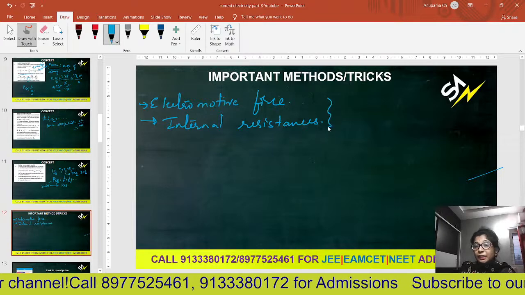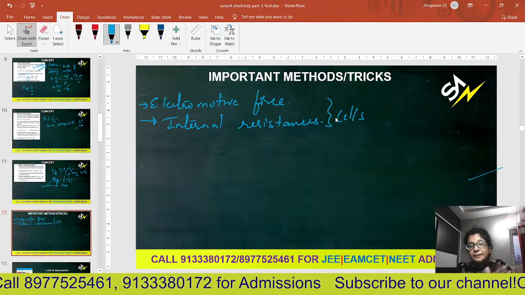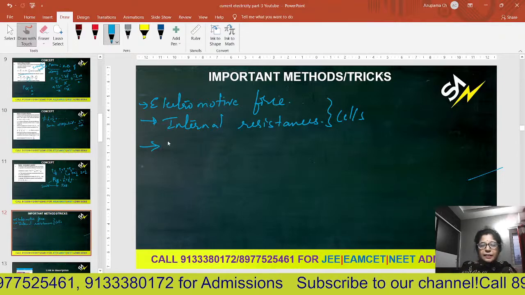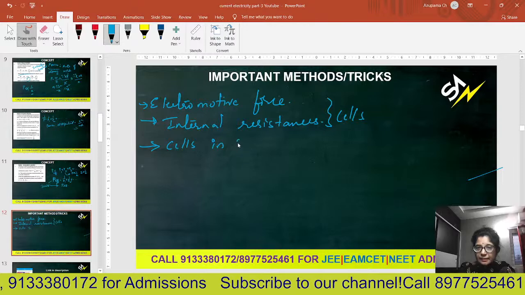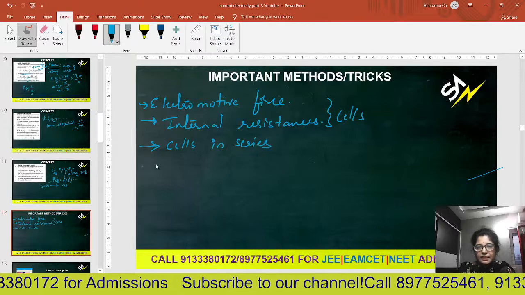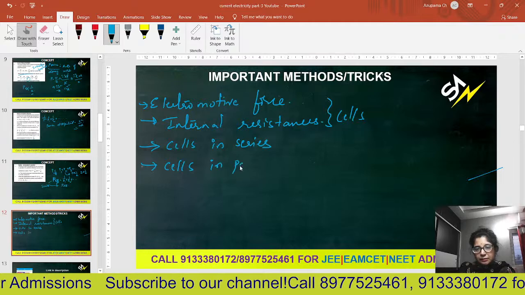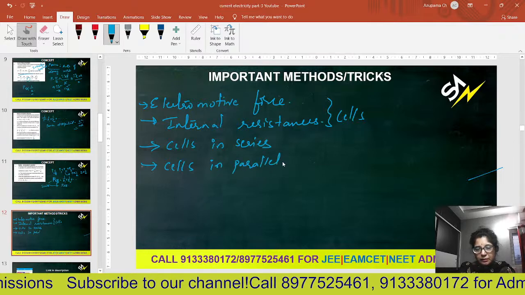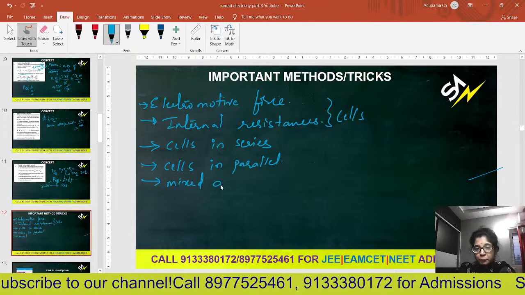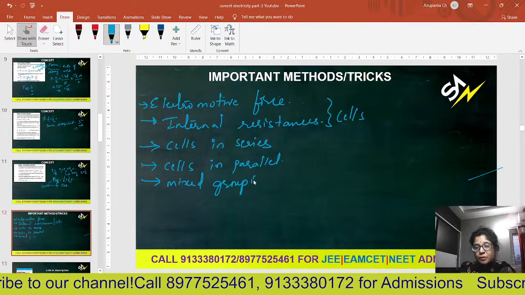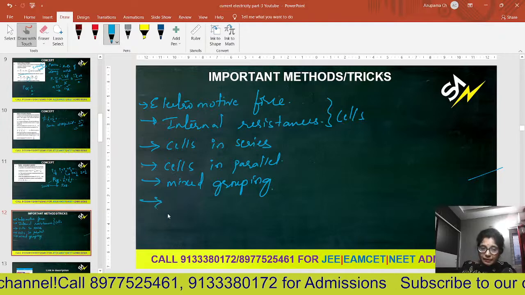These are the terms which are related to cells, right? And then we have seen cells in series, cells in parallel, and then next we have mixed grouping. Mixed grouping in the sense cells will be in series and parallel, right?